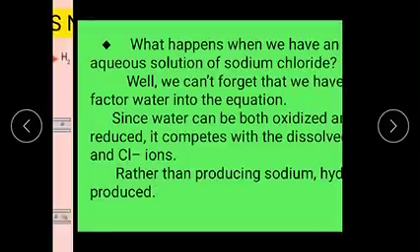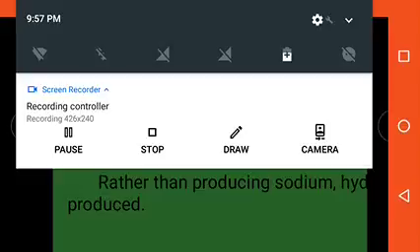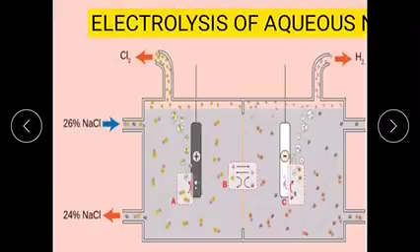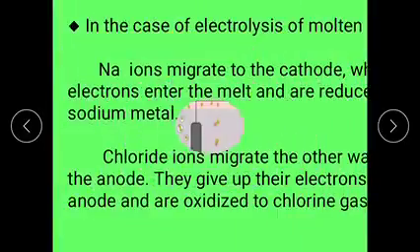What happens when we take this? In the last class we discussed the electrolysis of fused NaCl. In that case, when we pass the electricity through it, the fused NaCl splits into Na plus and Cl minus ions.